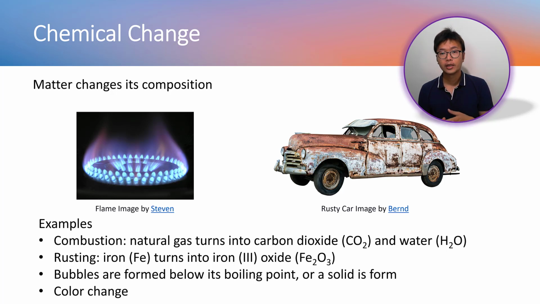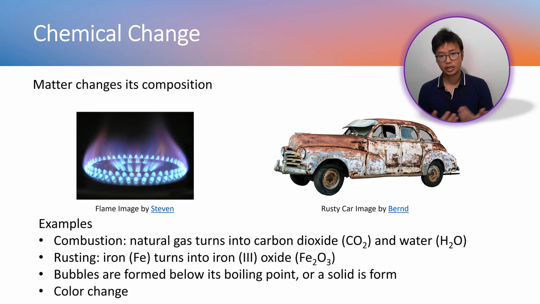And what are the other types of chemical change that you may see or observe in a laboratory? Maybe you can mix two solutions together, and then all of a sudden you see bubbles being formed, or you may be adding a piece of metal into an acid, and you start to see bubbles being formed. So that is a chemical change. You didn't have bubbles at the beginning, but after you start a reaction, you start to see bubbles. That's a chemical change.